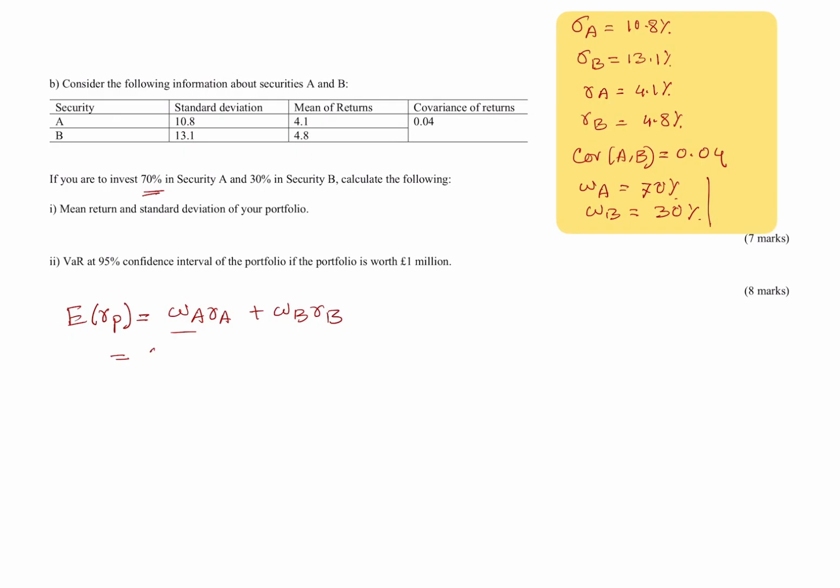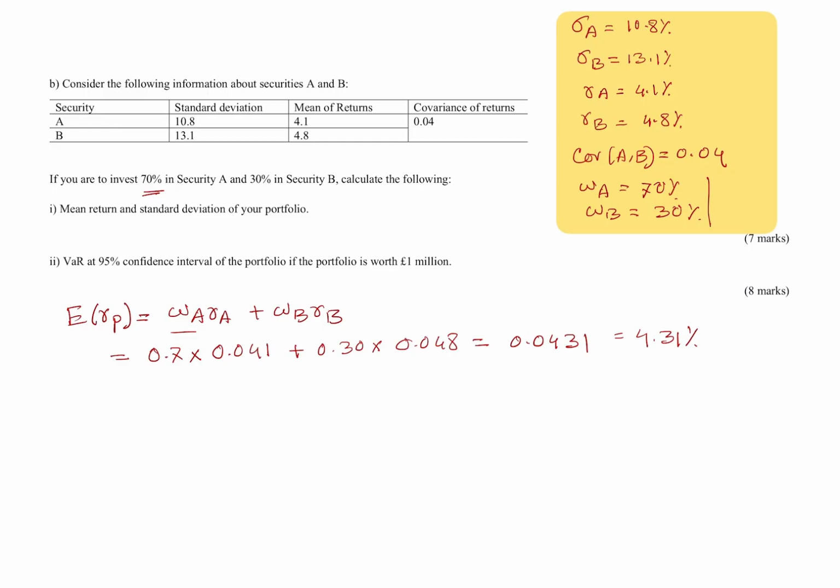So we've got 0.7 multiplied by RA, which is 0.041, plus WB, which is 0.30, multiplied by RB, which is 0.048. If we calculate this, it becomes 0.0431, which is 4.31%.